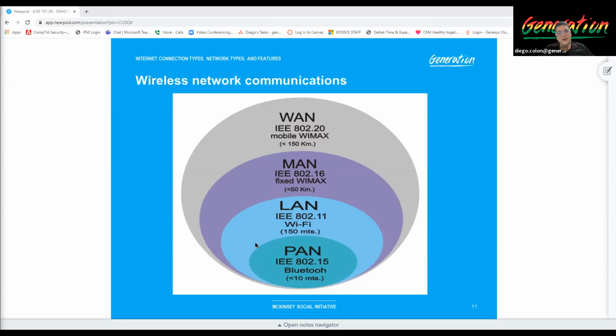The next one is your MANs, usually called WiMAX, and it's less than 50 kilometers. The other one, WiMAX again but for mobile instead of fixed, can be up to 150 kilometers. Those are the numbers associated with it.